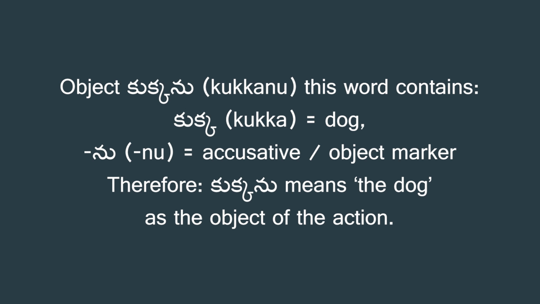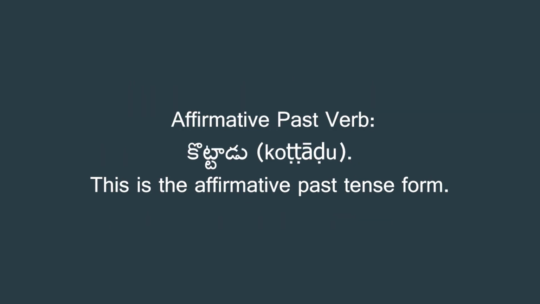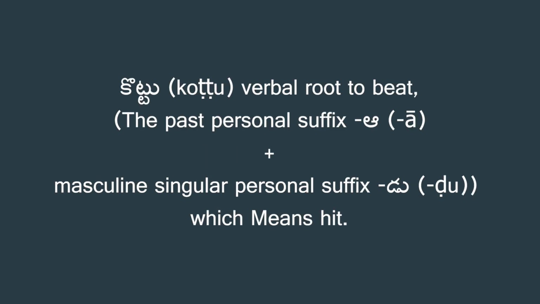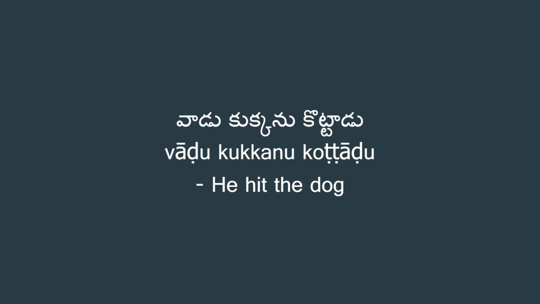Therefore, kukkanu means the dog as the object of the action. Affirmative past verb kottadu. This is the affirmative past tense form. See the structure. Kottu, verbal root, to beat. The past suffix a plus masculine singular personal suffix du, which means hit. Thus, vaadu kukkanu kottadu. He hit the dog.